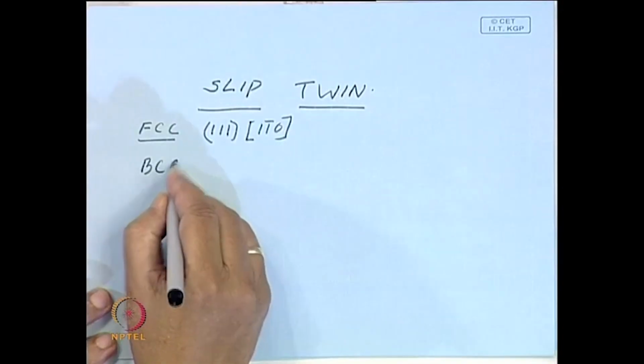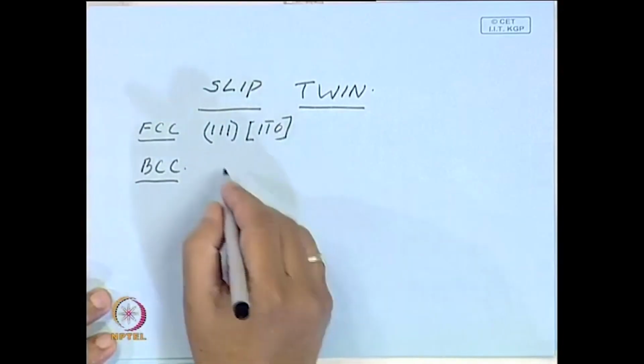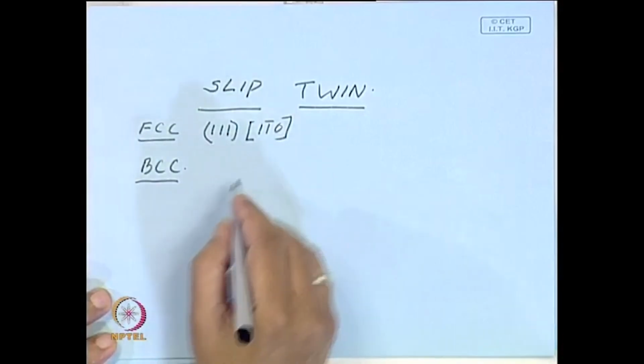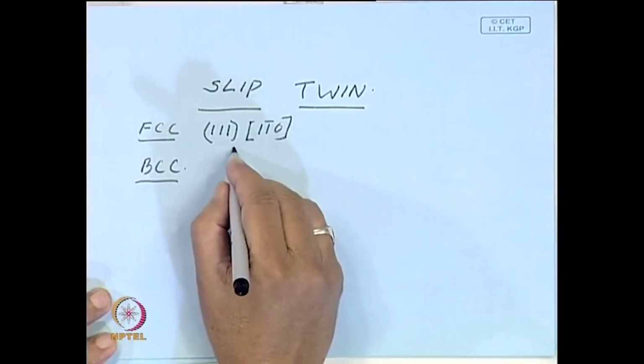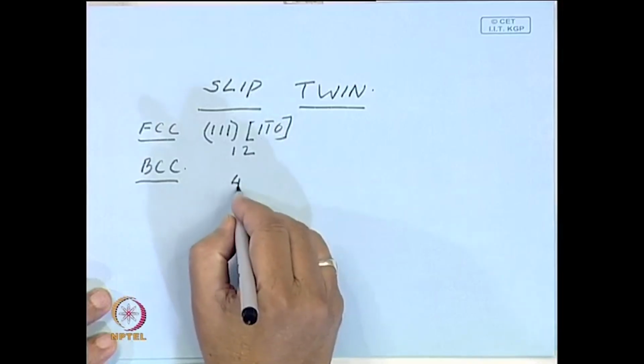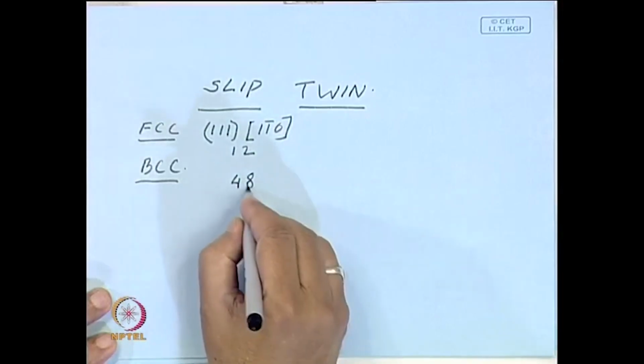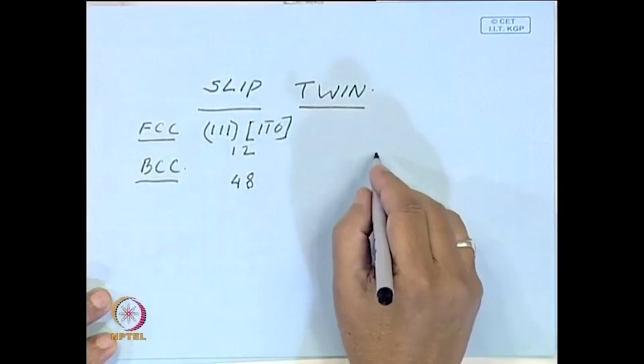BCC also has a similar type of slip system, but the number is very large. Here it is 12, here it is 48, and this has a marked influence on the microstructure.